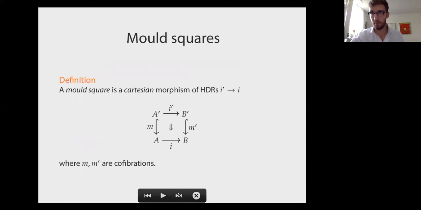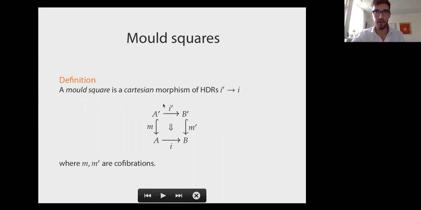One comes from the Moore structure, and the other one comes from the dominance. So recall that algebras for the Moore structure we called HDRs, or hyperdeformation retracts. Those things actually form a Grothendieck fibration, so there's a notion of Cartesian morphism between them.